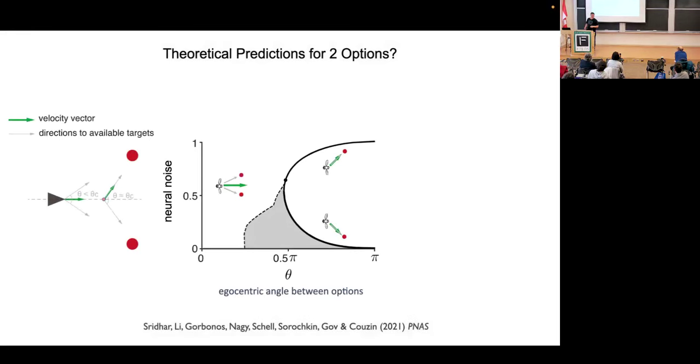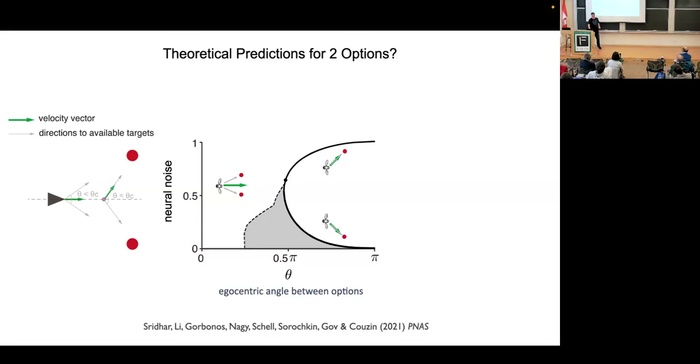And so what is the theoretical prediction? If we look at the mean field model, there are going to be two parameters in the model, one of which is neural noise. So the system is not fully deterministic, as I showed you before. The system actually has thermal noise, effectively, in terms of the interactions, which represents neural error. And this is now the egocentric angle between the options.